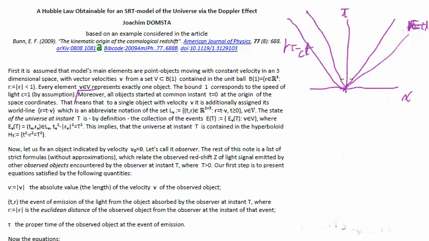So we're imagining all of the particles with their respective velocities, r equals vt, going out.